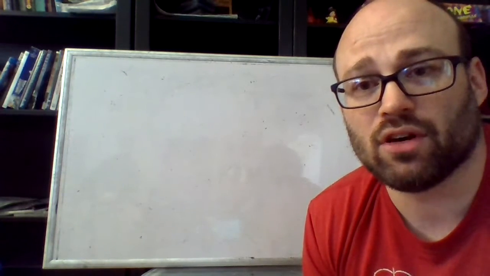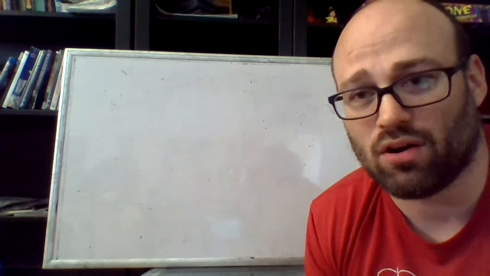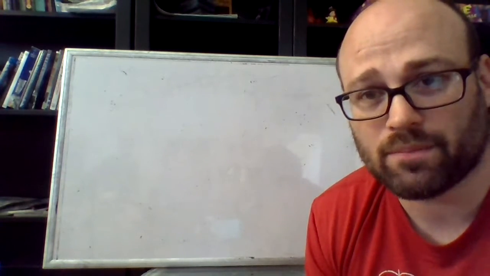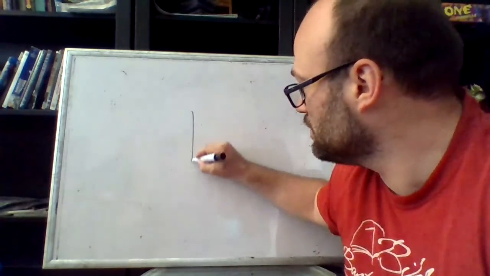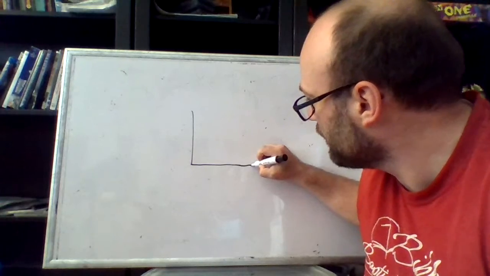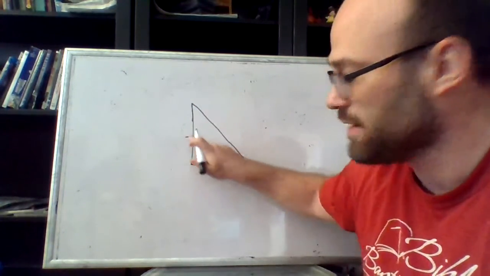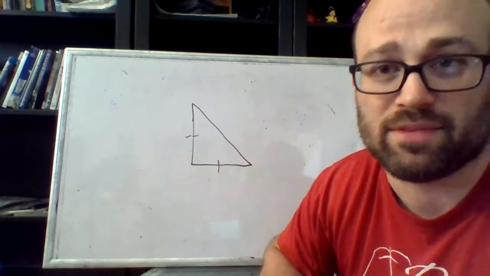Remember, all the angles inside of a triangle have to equal 180 degrees, no matter what. Just to review, let's say we have a right triangle, and this is an isosceles because two sides are exactly the same size.